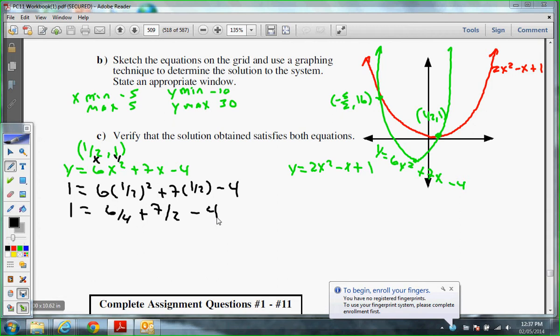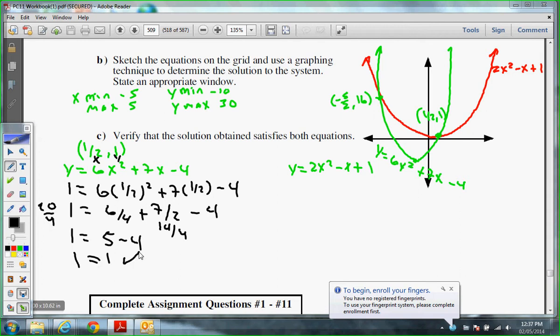Okay, we're going to make the 7/2 into fourths, which is 14/4. So 6/4 plus 14/4 is 20/4. What is 20 over 4? 5. So now you simply have 5 minus 4. 5 minus 4 is 1. 1 equals 1. We verified.